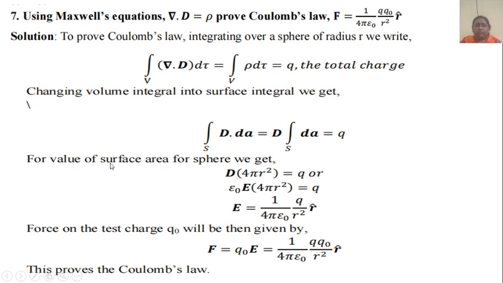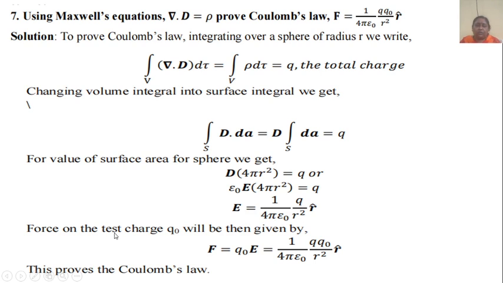For value of surface area of sphere, we can write D into 4 pi r square equal to Q, or epsilon 0 E 4 pi r square equal to Q, or E equal to 1 upon 4 pi epsilon 0 Q upon r square into r cap.